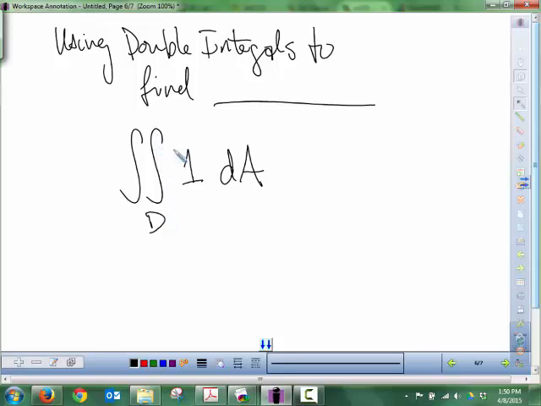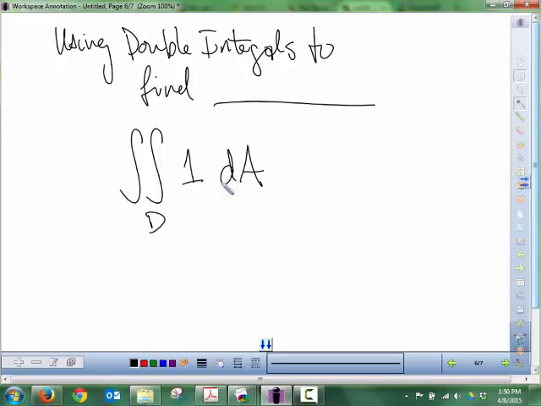So if I integrate a plane that's 1 unit up over some domain D, say the domain D could be a rectangle or circle or some other weird thing, and if I do this integral, what am I computing? I'm computing a volume, right? Double integral for us is a volume of something.